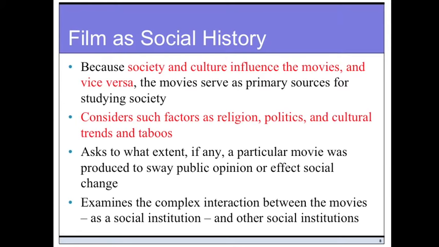They both work hand in hand. Lots of movies consider factors such as religion, politics, cultural trends, taboos. There is nothing that you can't do in a movie. You are sure to upset some people because of it, but you can do pretty much whatever you want as long as you have the money to produce it. So that's an interesting one to look at. I like that one a lot.